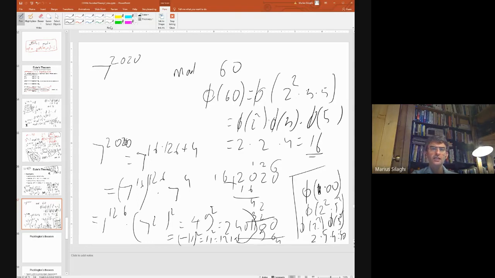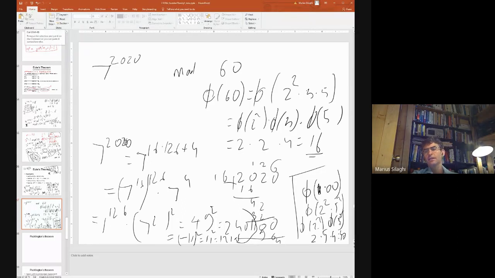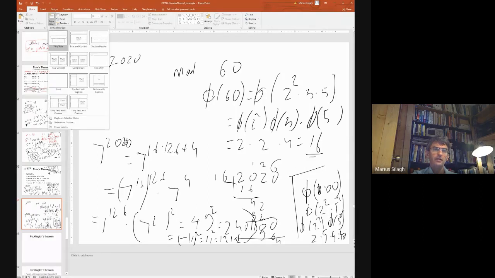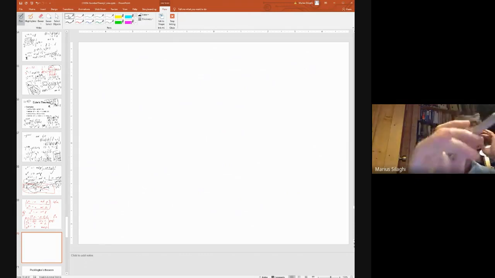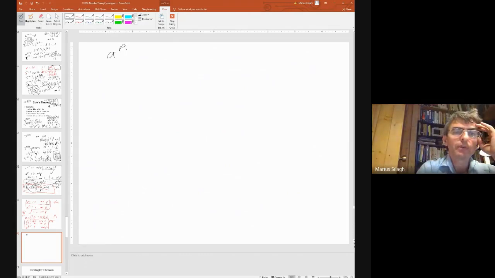Let's try to generalize Euler theorem. Okay? Why not? Since we are here, it's a good opportunity. Let's go and generalize. What happens if we don't have a relatively prime number for A? Okay, we are going to get into the next generalization. Why did we have A at power p minus 1 plus 1 equals A mod p?